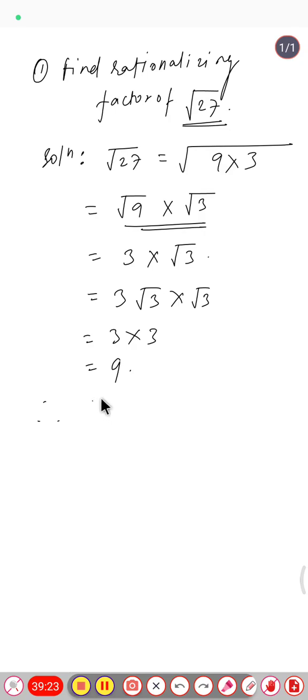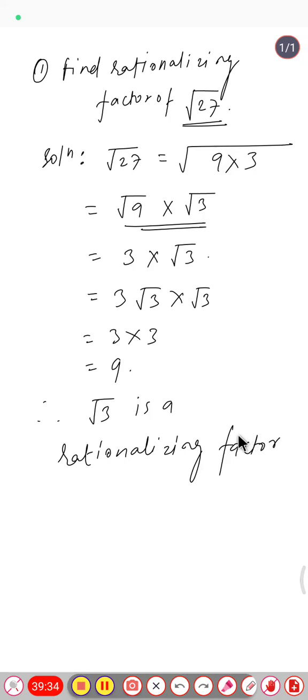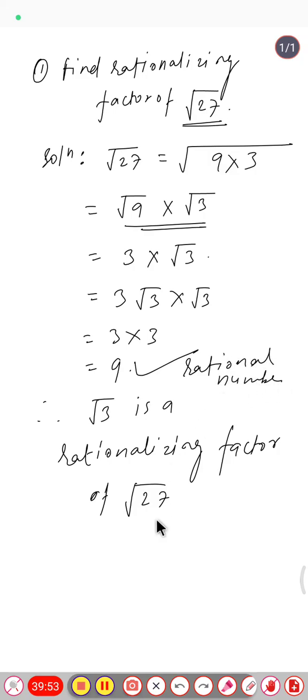So root 3 is the rationalizing factor of root 27. Understand? That means by just multiplying the given number by root 3, we get 9, and 9 is a rational number. That is about rationalizing.